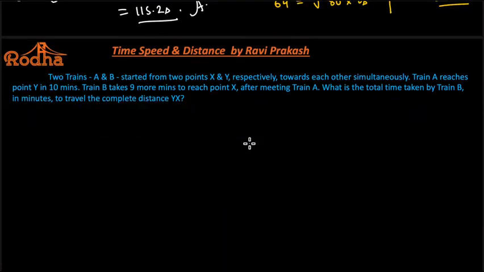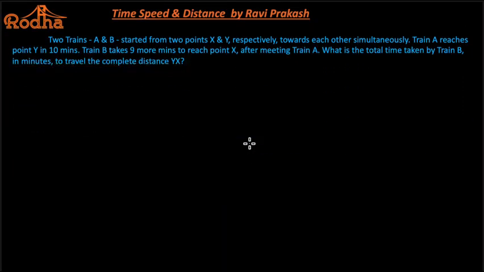So in this case, they are saying that two trains A and B. Okay. So two trains A and B started from 2 points X and Y respectively towards each other simultaneously. ठीक है. So basically what is happening, let's say again we try to make a small diagram to have the clarity. Okay.